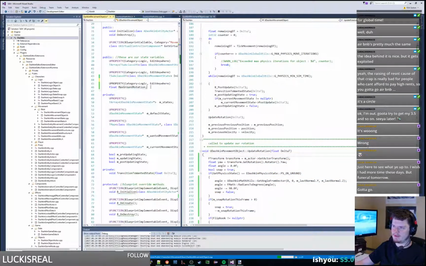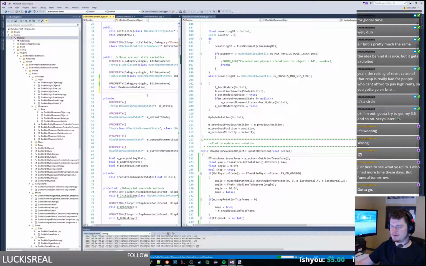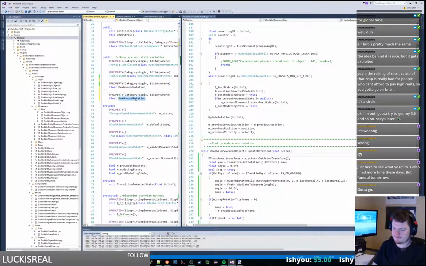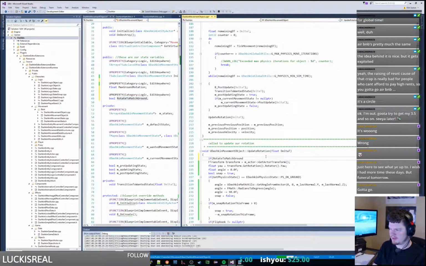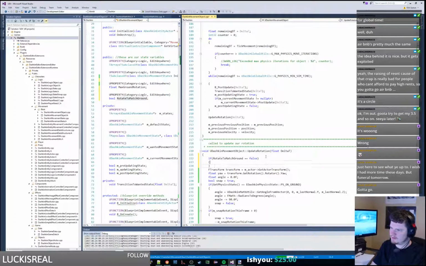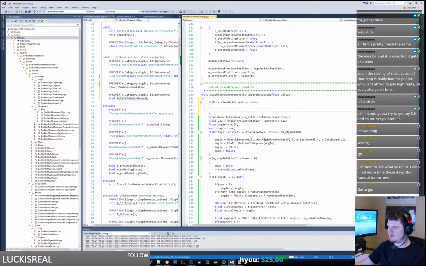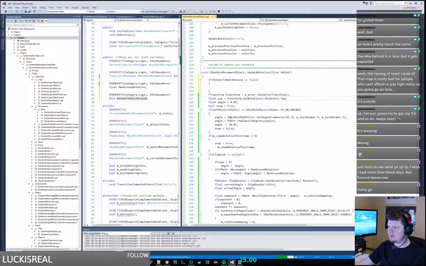Let's also have a boolean here, which is going to be rotate to match ground. So if rotate to match ground equals false, what we're going to do is get the flipbook.